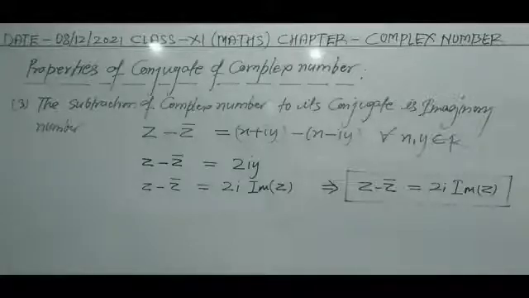Now the product of complex number to its conjugate, what will be result? See, the product of complex number to its conjugate, its result will be square of their modulus. So what we can write?